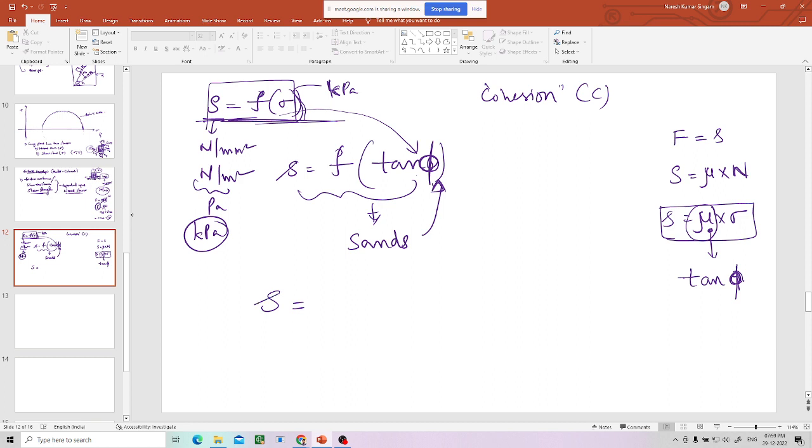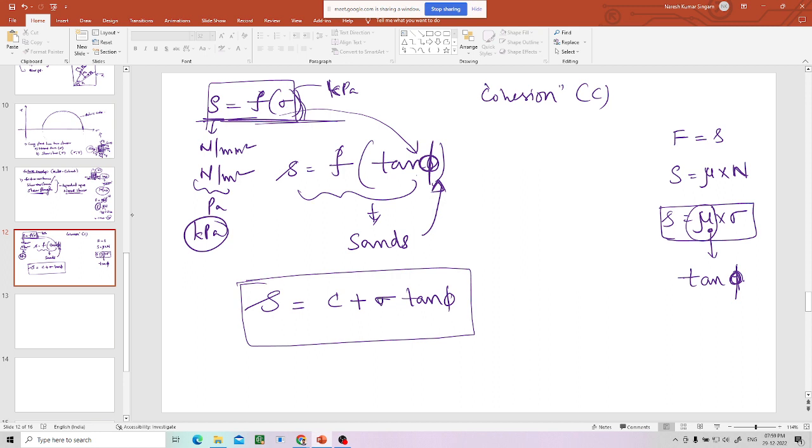So the Mohr-Coulomb equation will be nothing but shear strength is equal to C plus sigma tan phi. This is the equation to find out the shear strength of any soil. If you know the C and the friction angle, you can find out the shear strength of the soil. So C is cohesion, I introduced it already, and I introduced friction angle also.